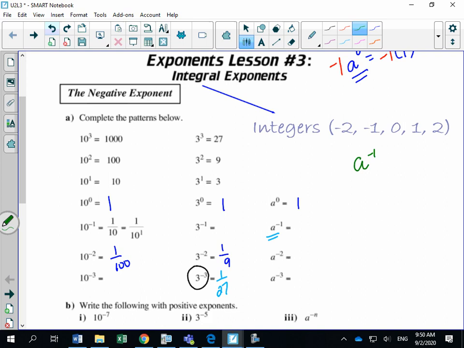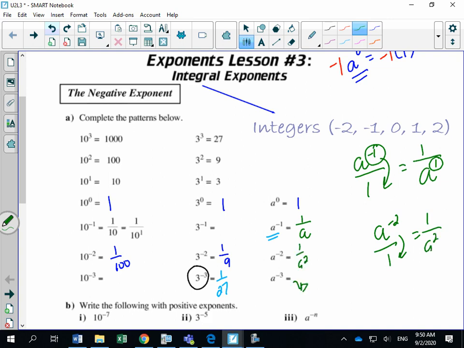So a to the power of -1 is over 1. If you bring your a down, that exponent changes from a negative to a positive. And then I don't need to write down a to the power of 1. I could just say 1 over a. You don't need that power of 1. So the next one, a to the -2, what that is equal to is 1 over a squared.